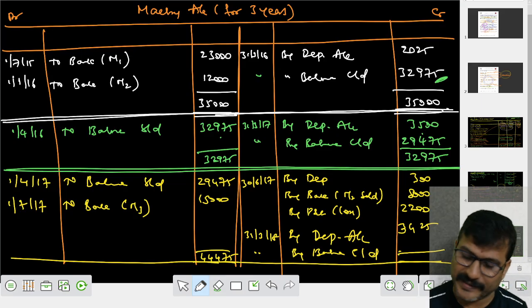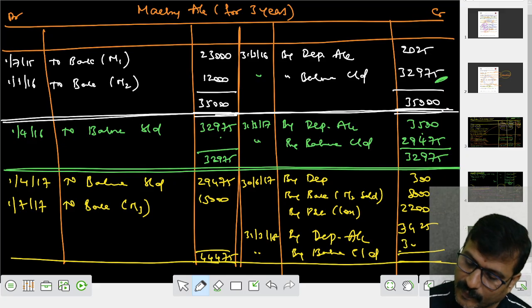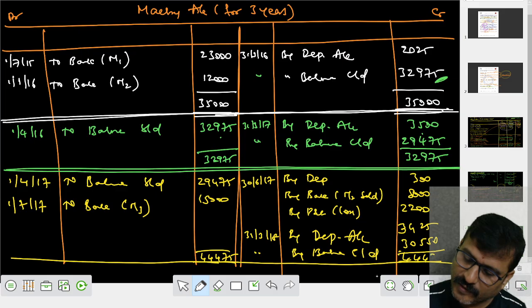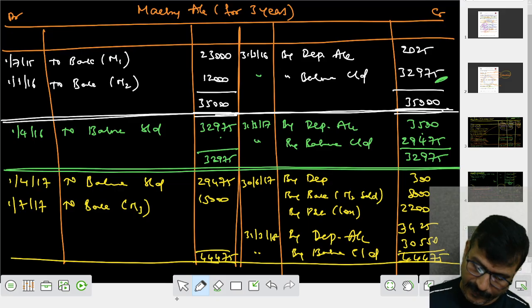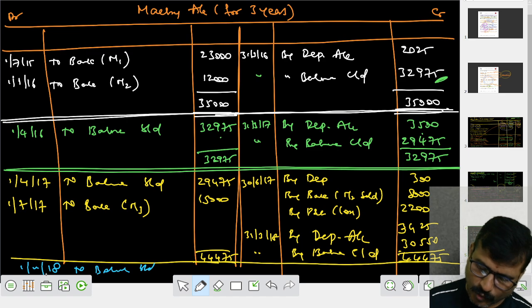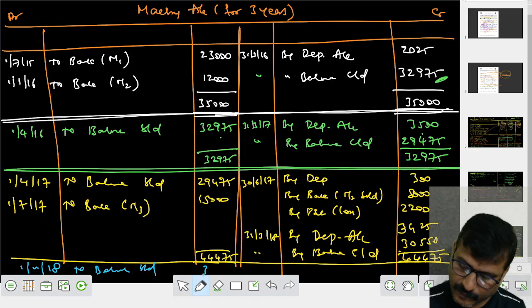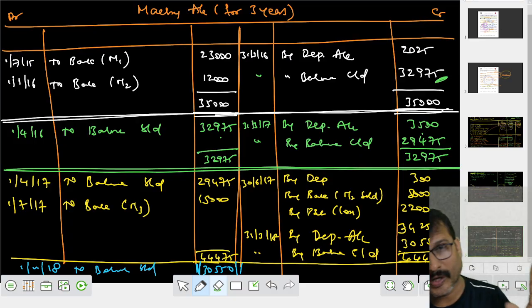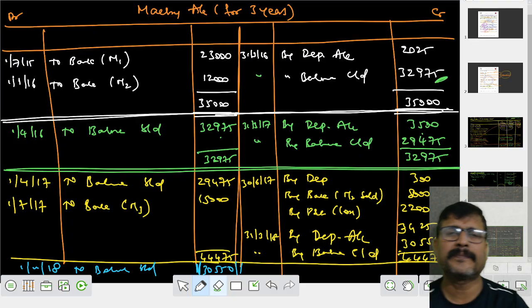You subtract all these things, and you get a carry down of 30,550. 44,475. Then ultimately what do we have to do? Ultimately we have to write 1st April 18, to balance brought down, it is 30,550.